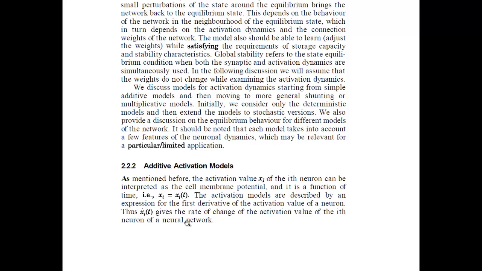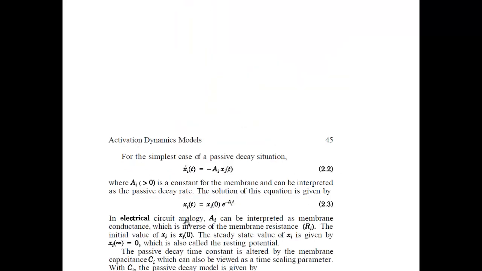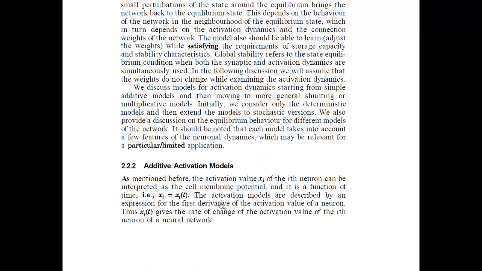First we'll go towards the additive activation models. The activation of the input x of I of the ith neuron can be interpreted as a cell membrane potential, and it is a function of time, that is x of I is equal to x of I of t. The activation models are described by an expression for the first derivative of the activation value of a neuron.